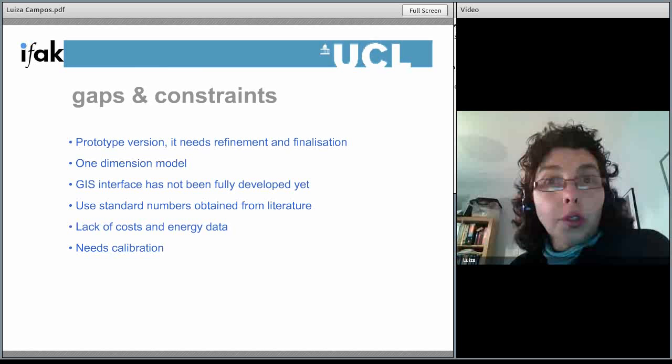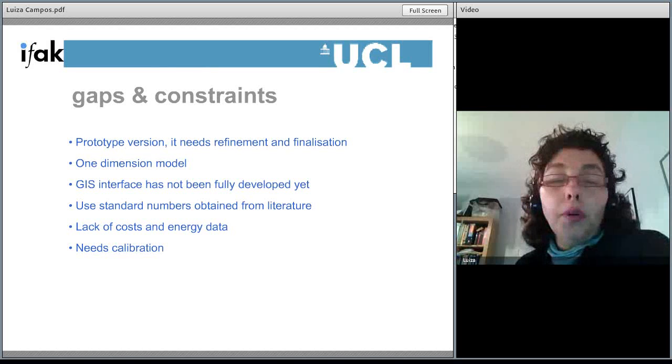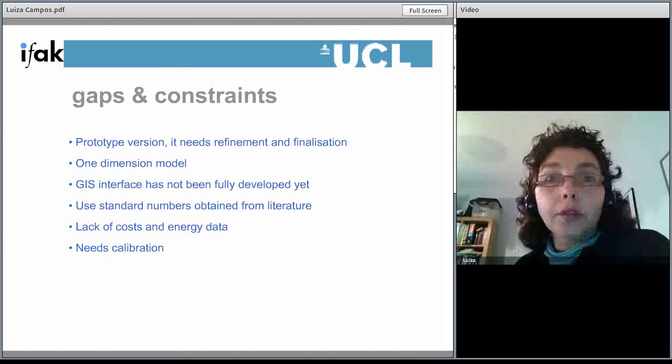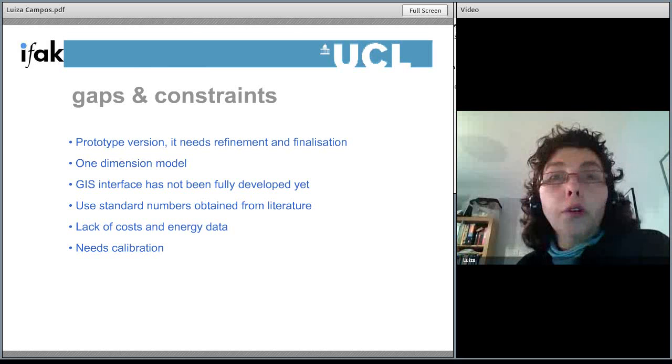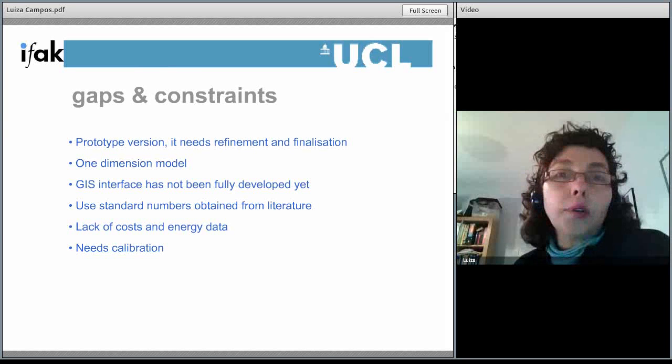Most of that information is not easily available on the internet. At the moment, for example, we are looking for costs and also energy values for systems that produce biochar and also anaerobic digestion. There are several types of anaerobic digestion.